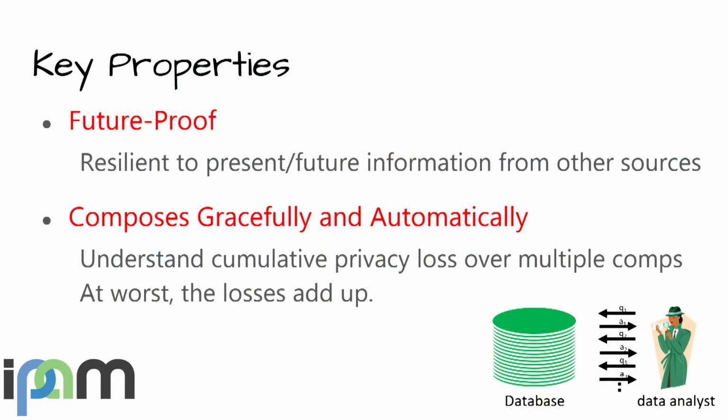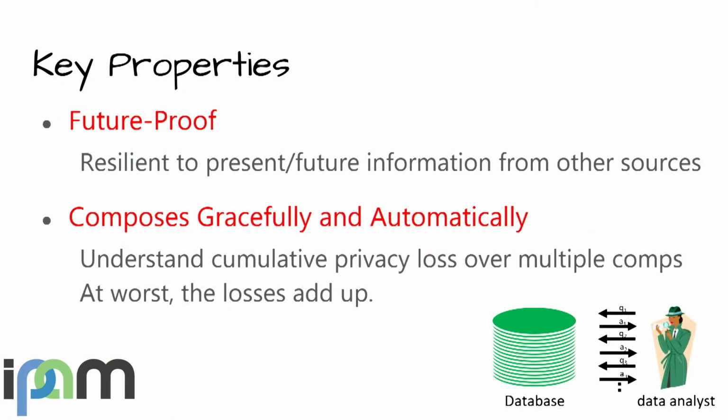It composes gracefully and automatically. That is to say, remember at the beginning, in the fundamental law of information reconstruction, we said that overly accurate estimates of too many statistics is blatantly non-private. There's a big gap between a couple of statistics and the too many that give you blatant non-privacy. What is the too many? What does it take to get there?